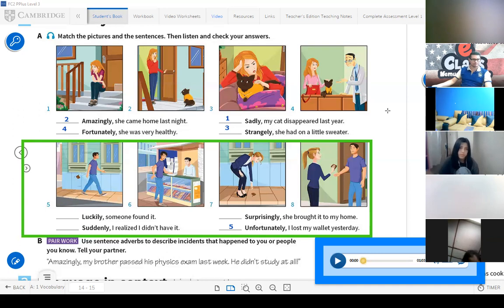What's number 2? Who can tell me? Number 2? Torres. What about number 2, Torres? What's next? Unfortunately. Danny? What's next? Espera, voy a ponerme el audífono.